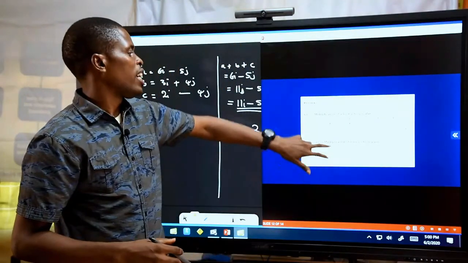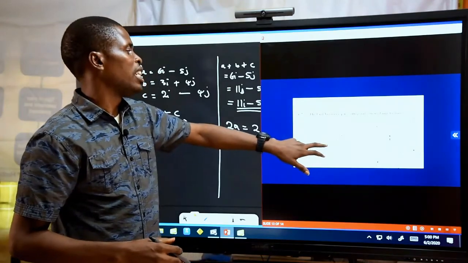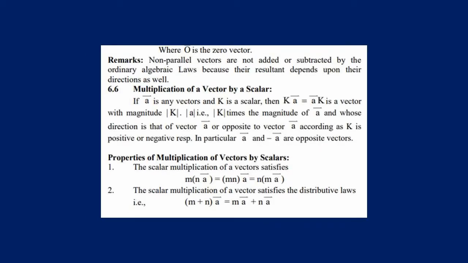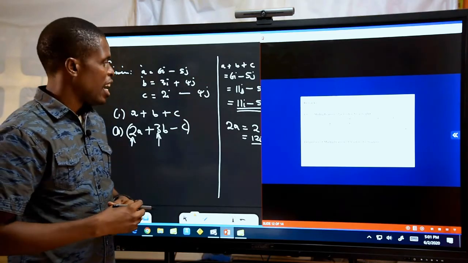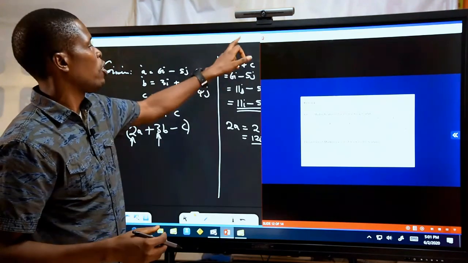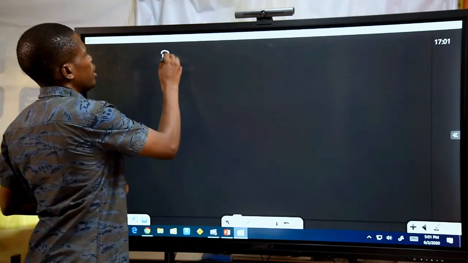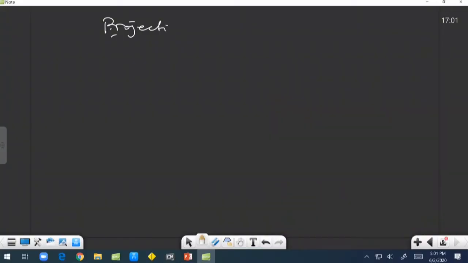We look at the other aspect of vector in terms of projection of vectors. The projection of vector here we are looking at has to do with projection of vector A on vector B, or projection of vector B on vector A. How do you find the projection of a vector from one vector to another vector? So we say projection of vectors.